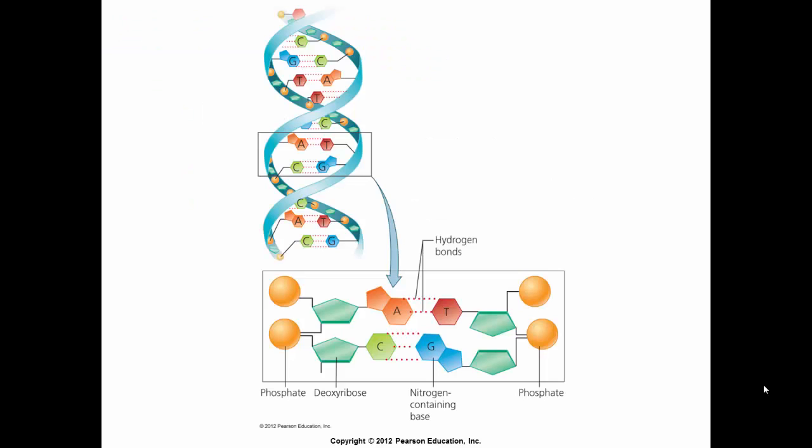This shows the double helix. It has the base pairing rules. G will pair with C, T with A. You can see the double helix, the sugar deoxyribose with the phosphate and one of the nitrogen-containing bases, either adenine, thymine, cytosine, or guanine.